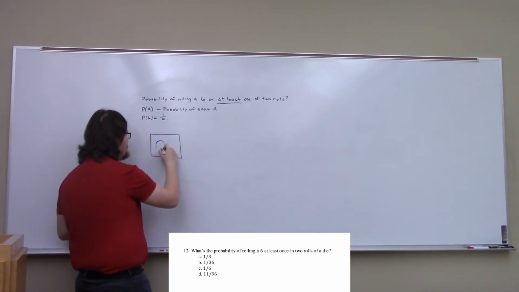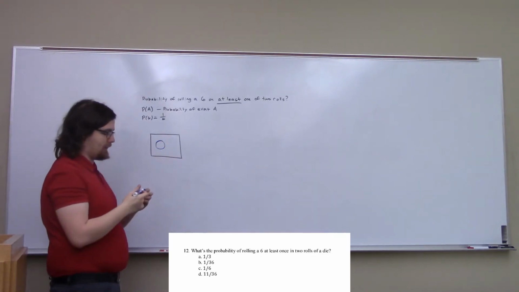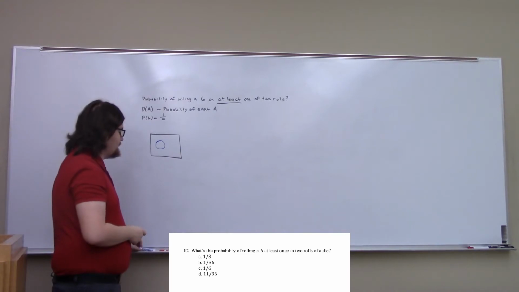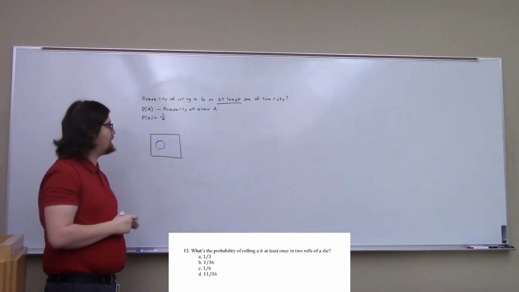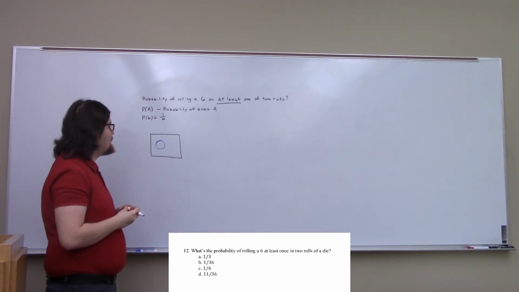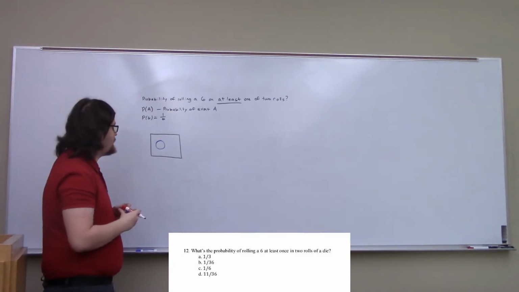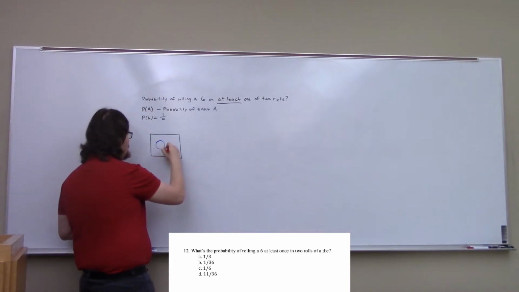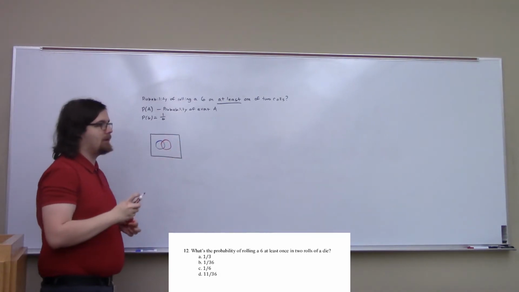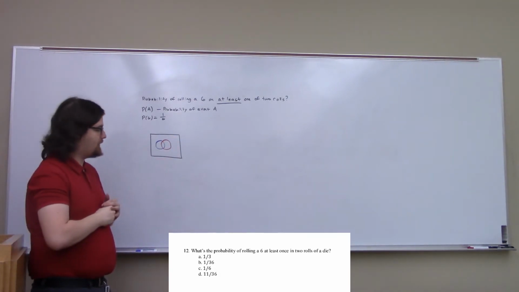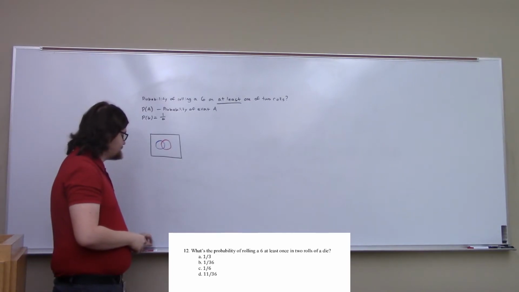It's maybe not exactly the right size, but let's say that represents 1 out of 6 of the area. And then I'm going to draw a second circle here in red that represents the chance of rolling a 6 on the second die. Now they're a little bit different sizes, but imagine they're the same size.